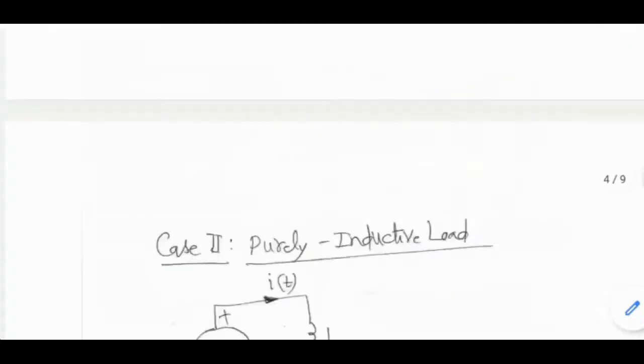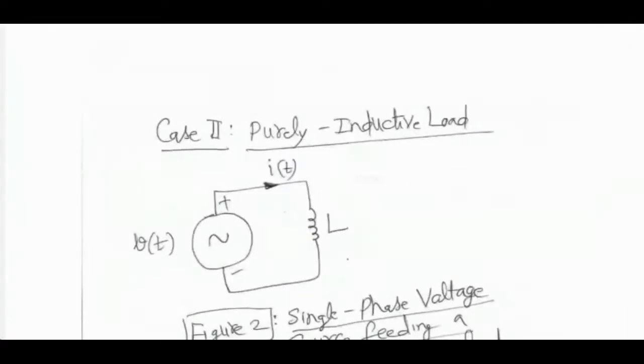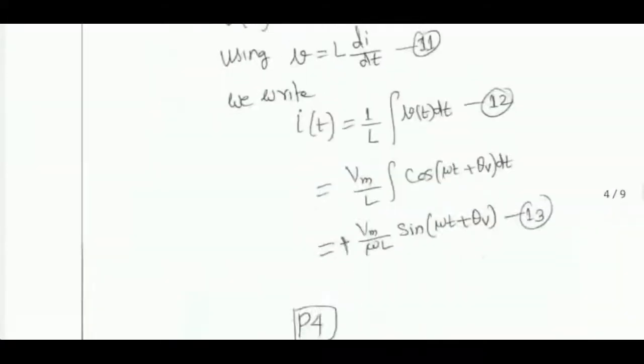So in case of a purely inductive load, we used equation 12 to figure out the current, not Ohm's law. And that gave us equation 13 as the formula for current. Now you try to fit this into the standard form again.